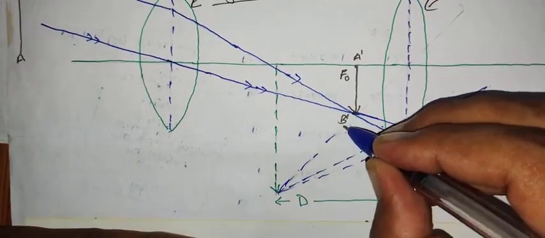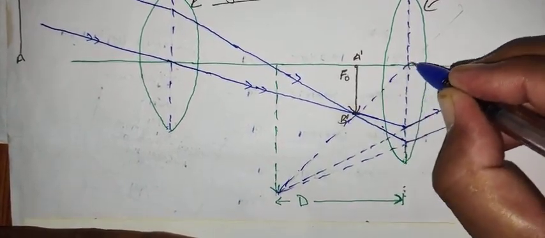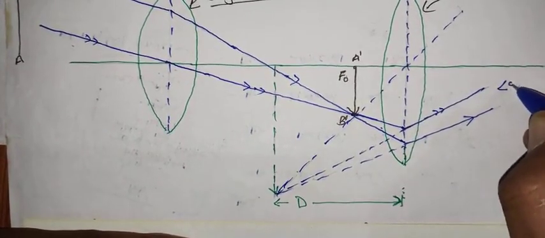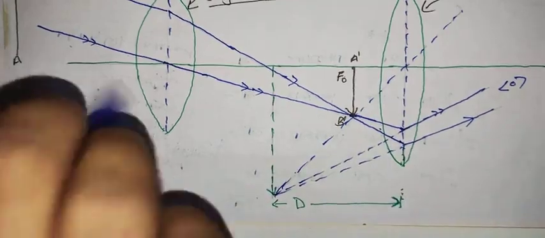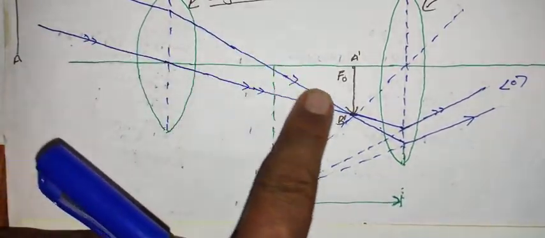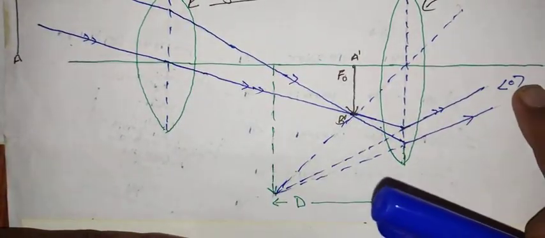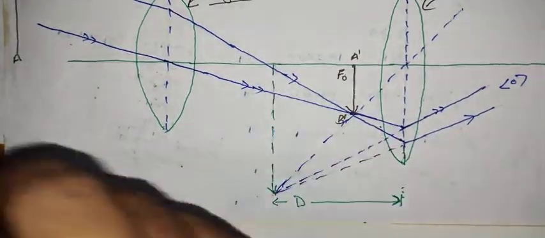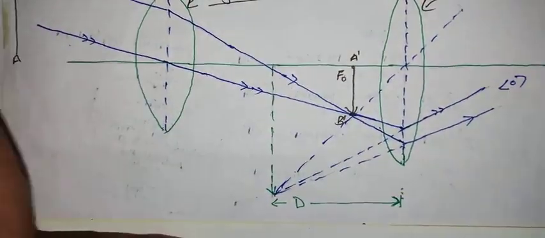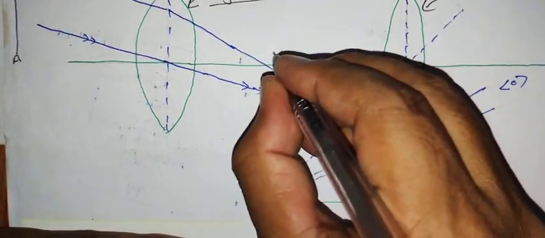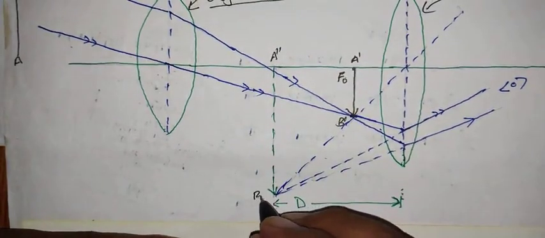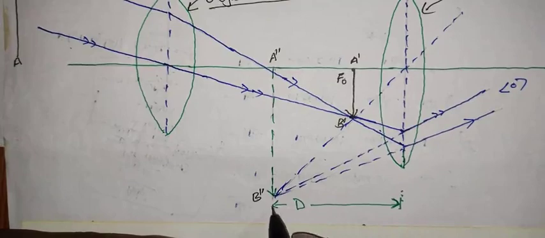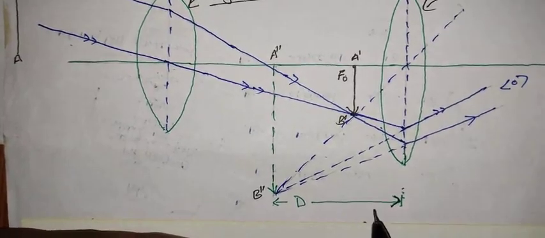Proceed backward and join this also. For one who views from here, the actual path of the ray of light is like this, but when viewing through the eye lens, it seems to come from here. So the final virtual image A double dash B double dash is formed at the least distance of distinct vision.